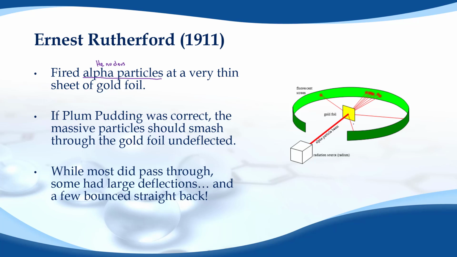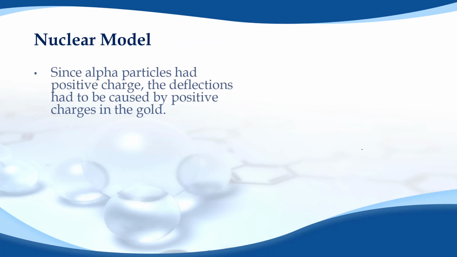How can you have a particle bounce straight back on a piece of gold foil if the atom is just positively charged stuff? Well, his explanation for this is if we have something that can deflect a positively charged alpha particle, that something has to be positively charged. Now, again, the stuff that the atom was thought to be made of was positively charged.